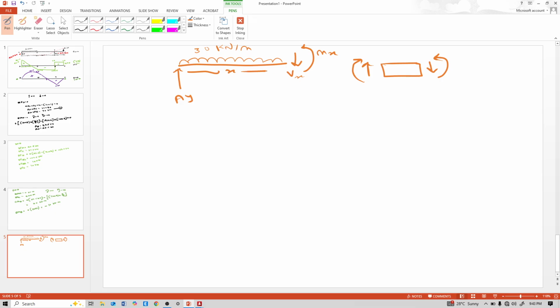Let's consider this shear is 0 at a distance x. Shear 0, that means bending moment is maximum at that x distance.